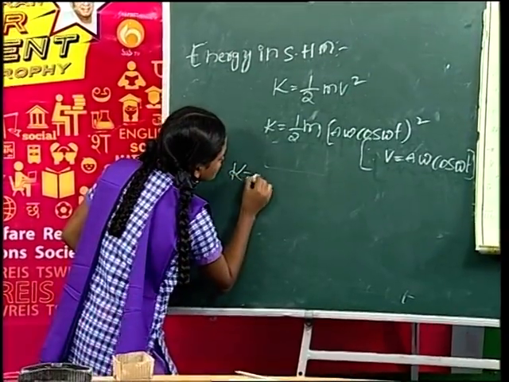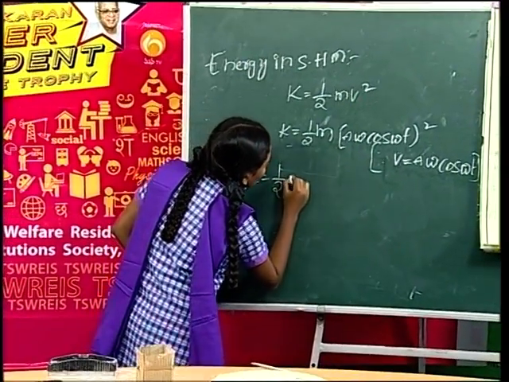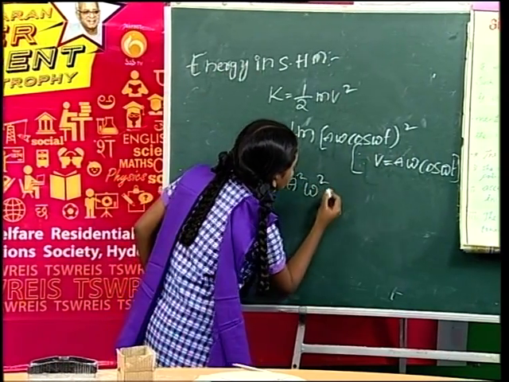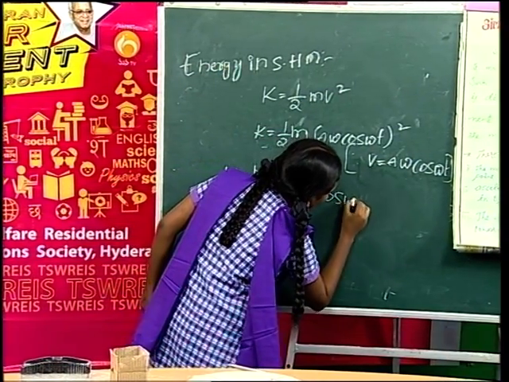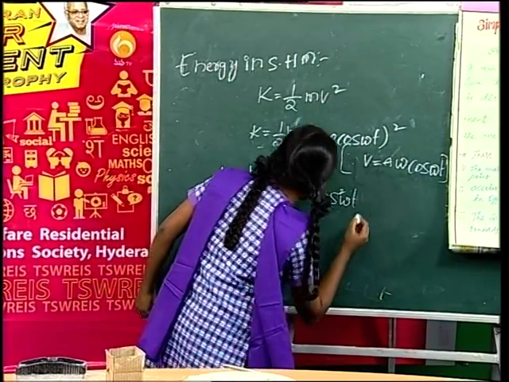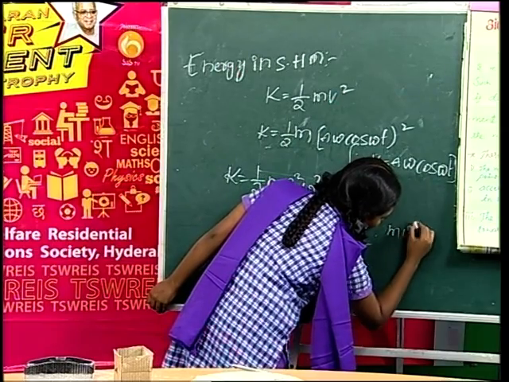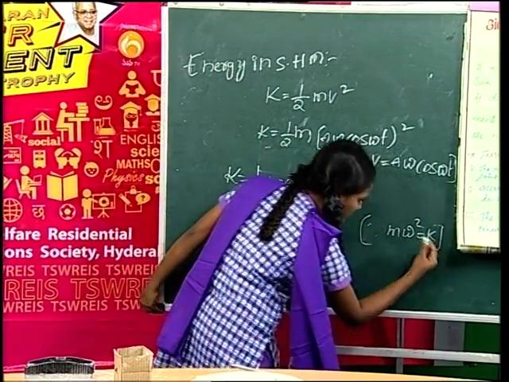Now squaring, K equals half m a square omega square cos square omega t. Now we consider m omega square equals k.